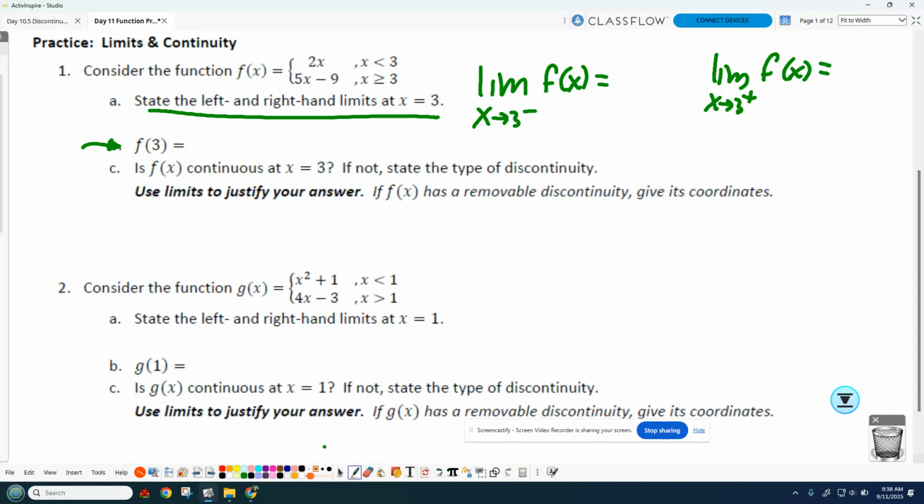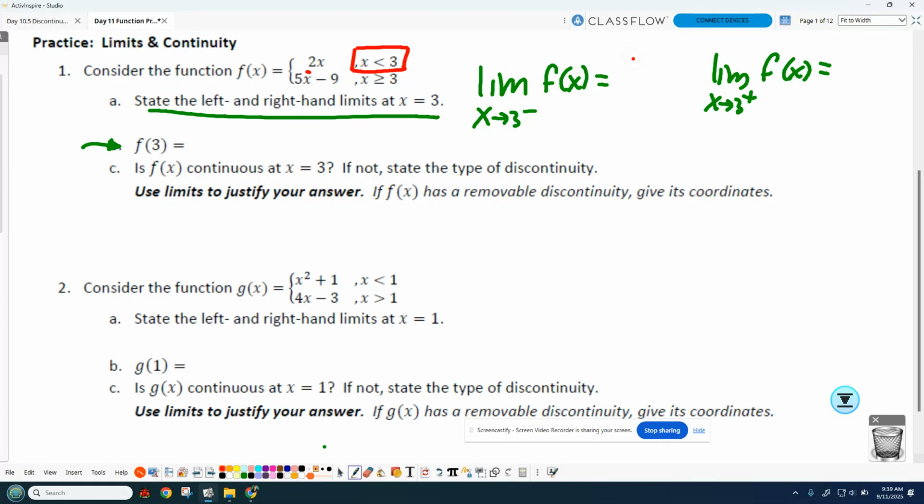And Bailey, you were saying, reading this, is that to the left, the side with the smaller numbers, or to the right, the side with the bigger numbers? To the left. So we're going to plug in 3 to this stuff here. So Boaz, 2 times 3? 6.